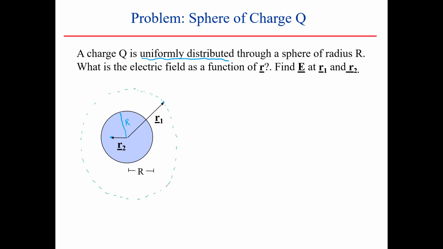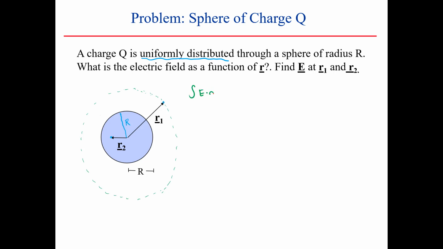Its radius should be the same as the distance from the center of the sphere towards this point. So this is point R1. And say for example, its length is also equal to R1. Okay? So this Gaussian surface, these broken lines, has a radius equal to R1.